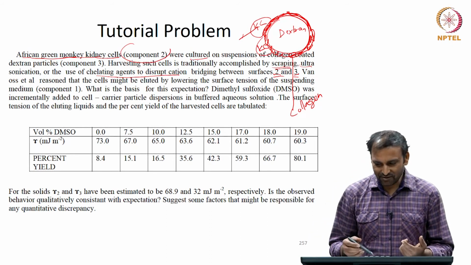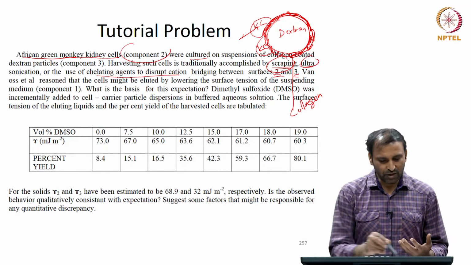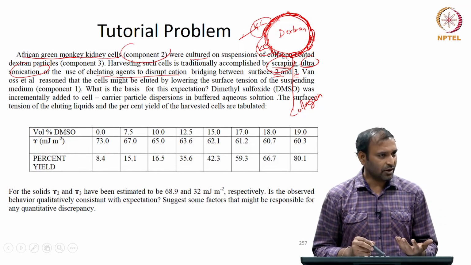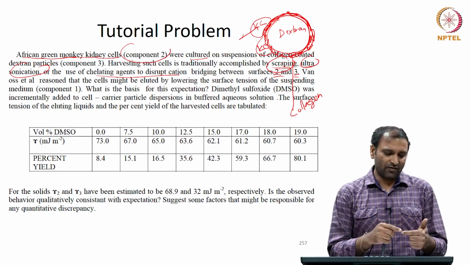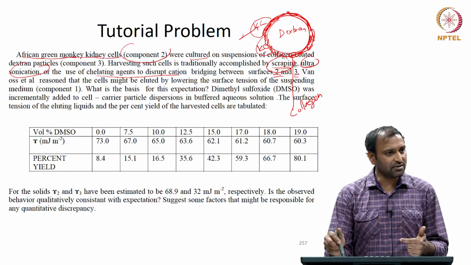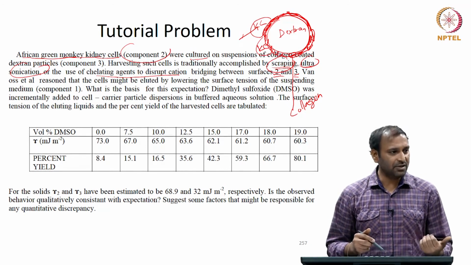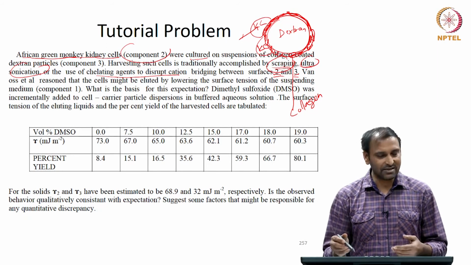People have practiced different things: scraping, that is using physical force, or sonication, or you could add some chelating agents. If there is a bonding between these cells and the dextrin, I add in a reagent and it helps in disrupting that bond, and you can actually take kidney cells off from the surface.